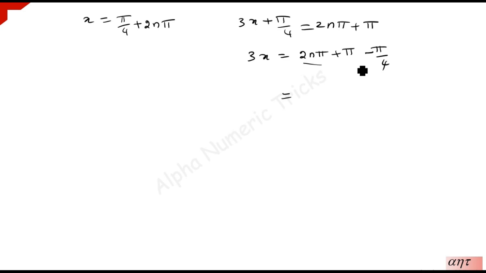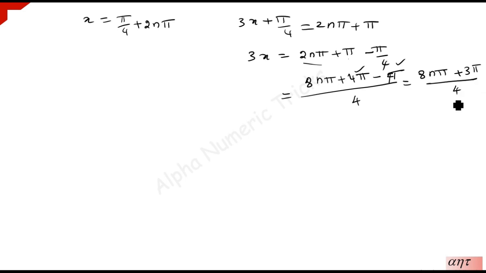You have to multiply this and this. So 4 into 2 is 8n pi plus 4 pi minus pi. This pi you have to write as it is, divided by this 4. Or you have 8n pi, 4 pi minus pi is plus 3 pi, divided by 4.